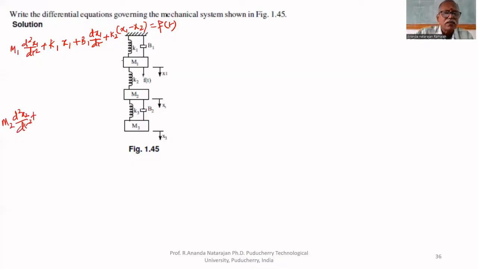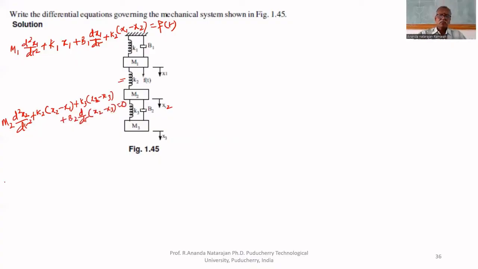Then for another element connected is this k2. Therefore, k2, here the reference is displacement x2. Therefore, x2 minus x1 plus k3 x2 minus x3 plus b2 d by dt of x2 minus x3 equal to 0.